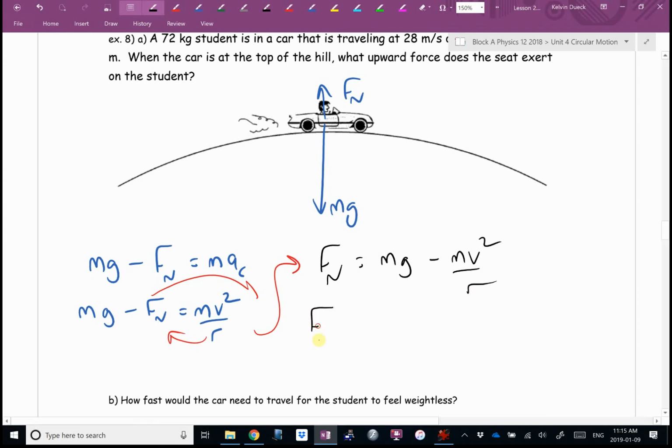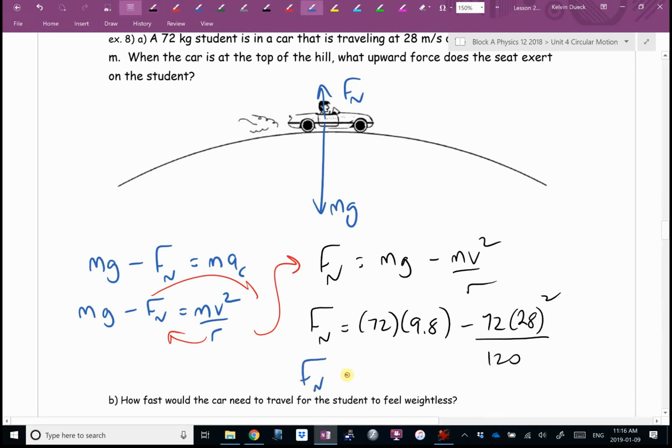It's going to end up being m, 72, times 9.8, minus 72 times 28, don't forget the squared, over, what was the radius? 120. What's the normal force equal to? 235 newtons, is that correct?